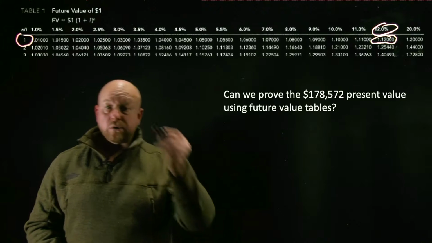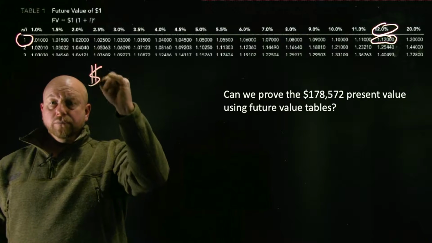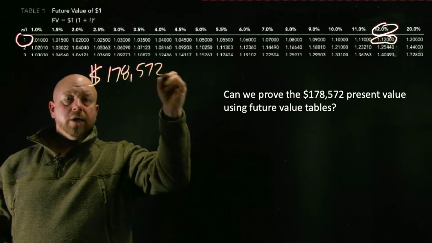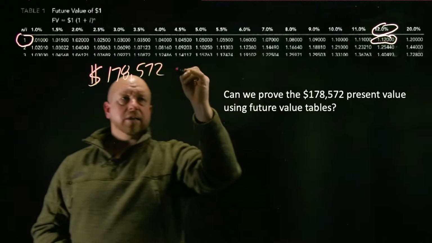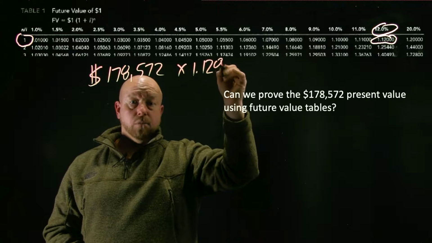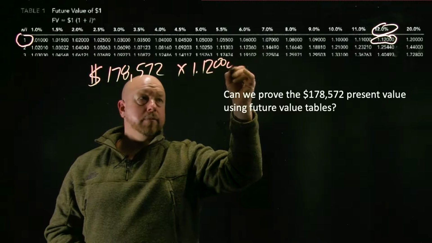So what we're trying to do is we're taking the present value, which we have right here, multiplying times the factor that you find in the table. Notice that it's not less than 1, it's more than 1 at this point.